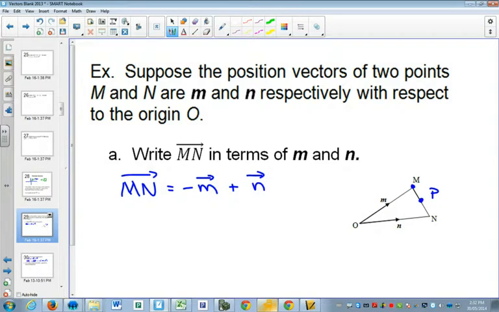And you have to get there using only m's and n's. How would you do that? Right? If you were told you can start from here, you have to get to there, but you're only allowed to walk on lines that go this way or lines that go this way, what would you do?